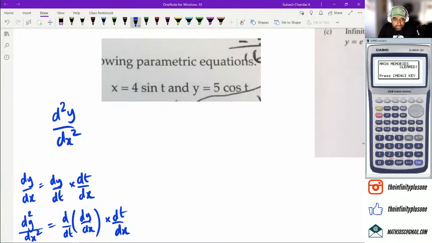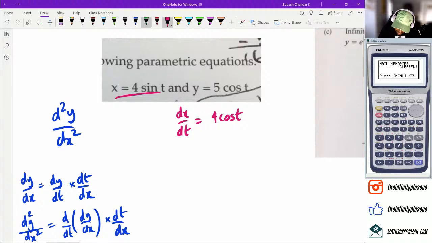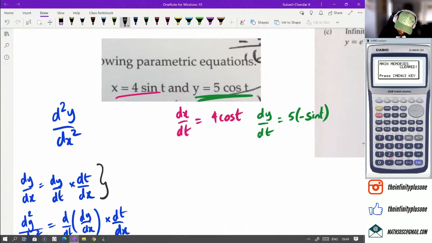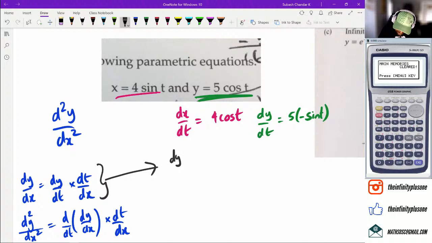All I've done is copy down those two formulas. So the first thing I'm going to do is dx dt. dx dt is equal to 4 cos t. Then I'm going to do dy dt. dy dt is equal to 5 negative sine t, which means now I'm going to use this formula here to work out dy dx.